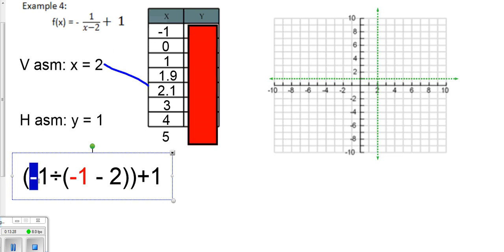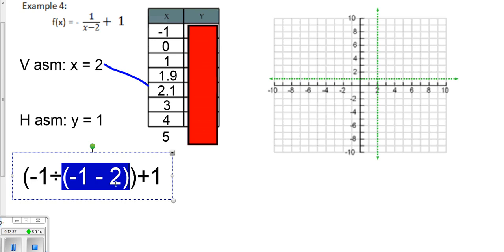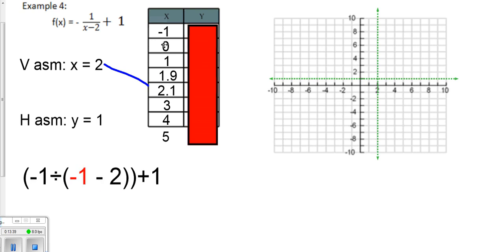As you type that in, that says negative 1, then you say divided by, and then in parentheses, negative 1 minus 2. We use negative 1 because that was our first value here, and minus 2 because that was this operation. And we close our parentheses to say that we're done with this rational part. At the end, we just add 1, like it says to do with this piece. When you hit enter to solve it, it should give you 1.33, which again is about 1 1/3.